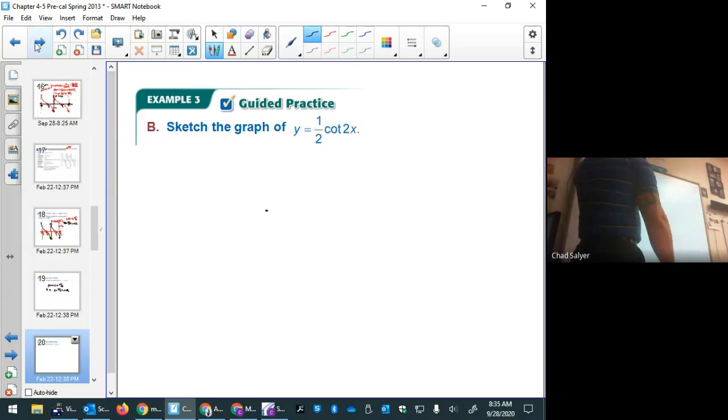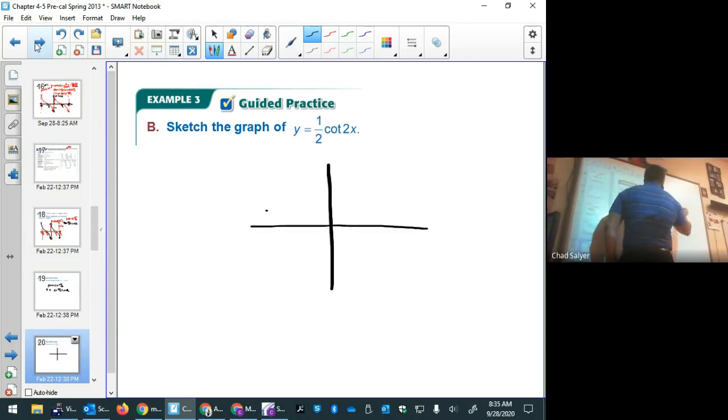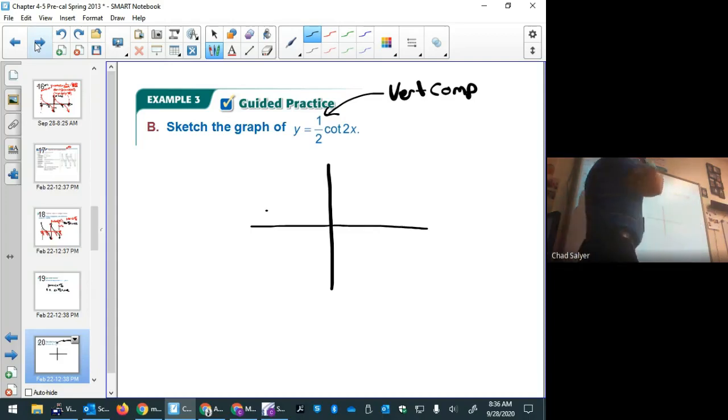All right, so sketching the graph is pretty trivial. We do have one little thing here. This 1/2 is going to be a vertical compression. So it's going to be slightly closer to the x-axis than the other. So it's just going to be flatter around the axis.